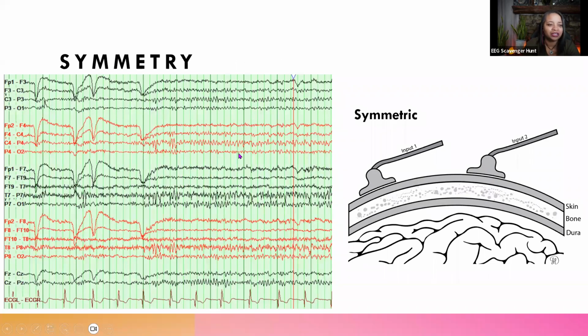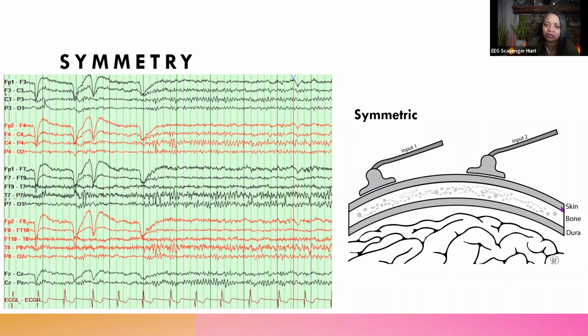Like I mentioned, in EEG, symmetry really matters. Okay, so if you look at left parasagittal compared to right parasagittal, if you were to measure these all out, they're pretty comparable. It's mostly symmetric. When you're recording brain waves or EEG, you have your electrodes here, input 1, input 2.